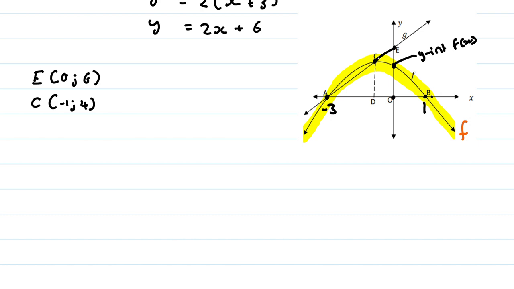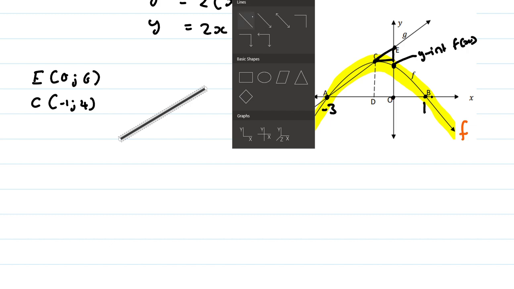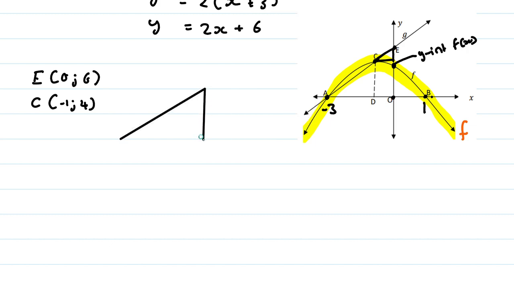So now that we have these coordinates, when you look at this in another way, we have a right angle triangle. We have a line there and a line there that intersect at a right angle. So we basically have something like this, where we have a right angle triangle over there.